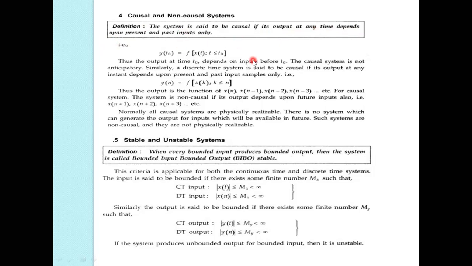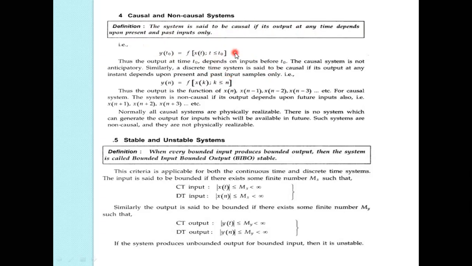Which means the dynamic one, that is nothing but the causal. Present and past inputs, x of n and x of n minus 1. It is y of t equal to a function of x of t, for t less than or equal to t naught.